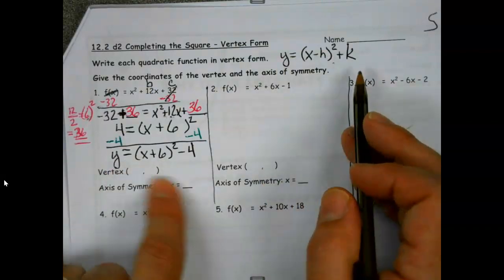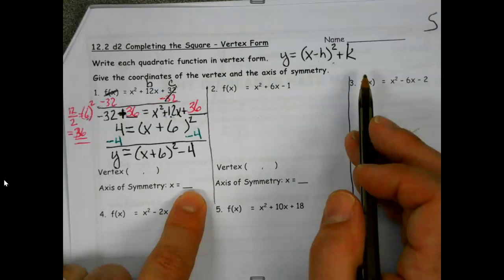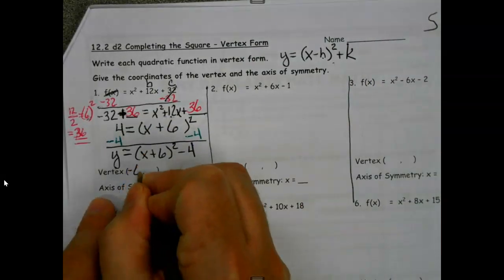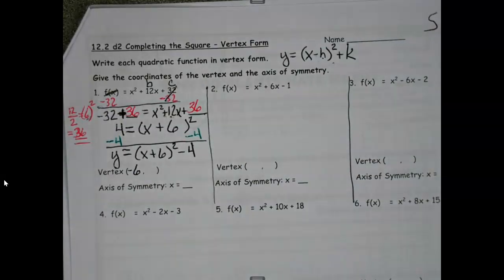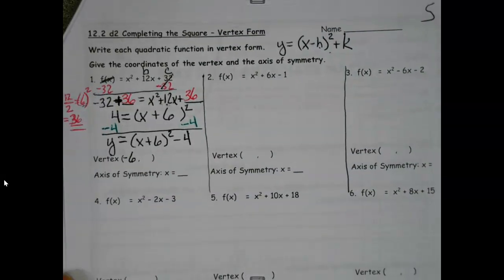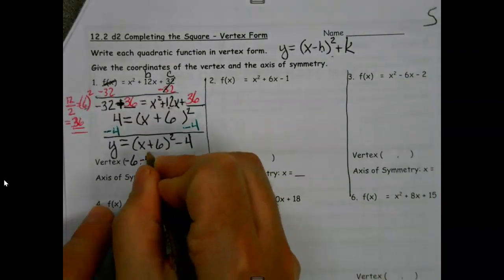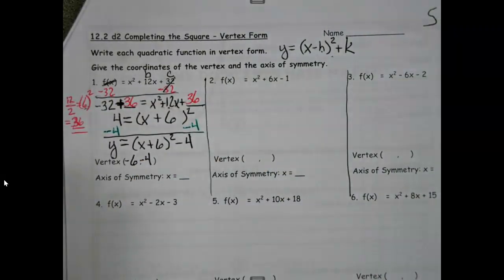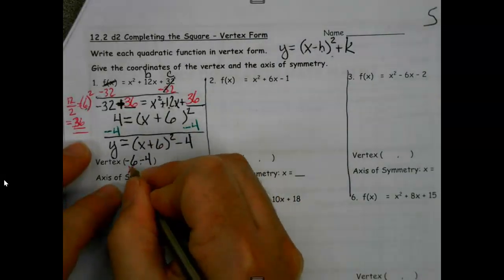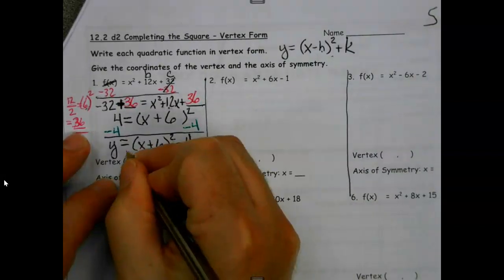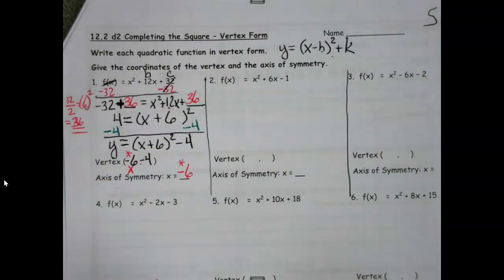And so to get these last 2 pieces of the puzzle, we're going to do the opposite of what's inside the parentheses, so -6. And we're going to keep what's outside. It does not mean it's positive every time. And whatever I have for my vertex x is the same thing I'm going to have here. These 2 things will be the same every time.